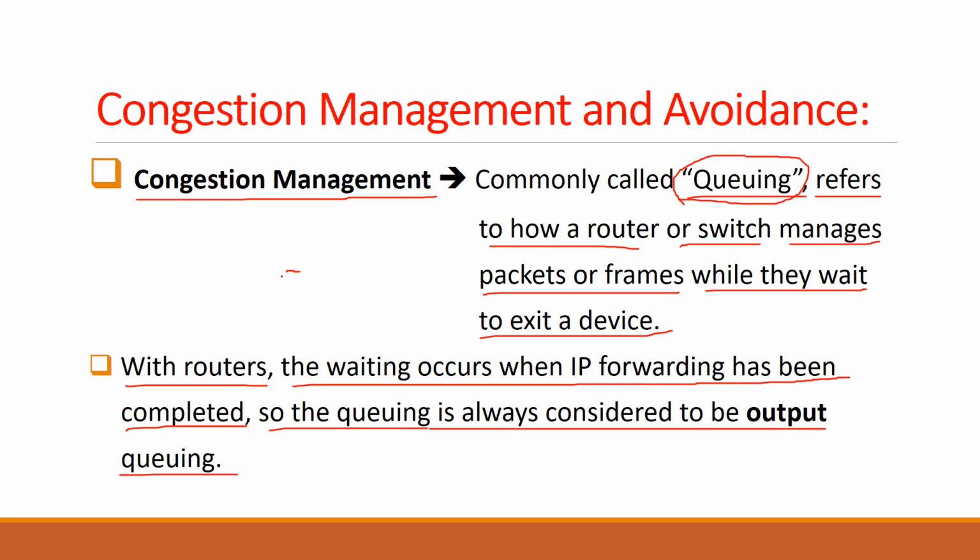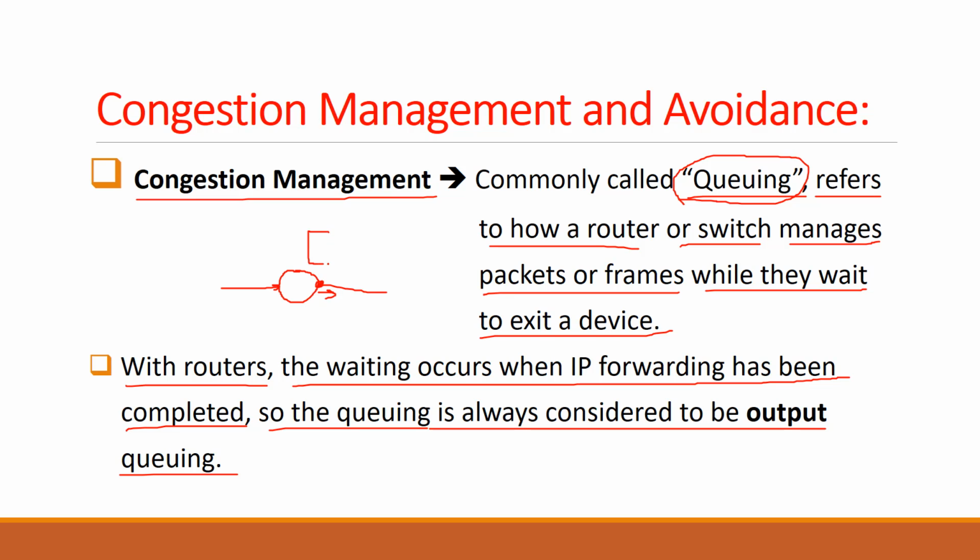What does this mean? If we have a router here, and this router received packets from this interface, and after it makes the forwarding decision that this specific packet should exit this specific interface, then queuing comes into place. And queuing is considered to be output queuing.